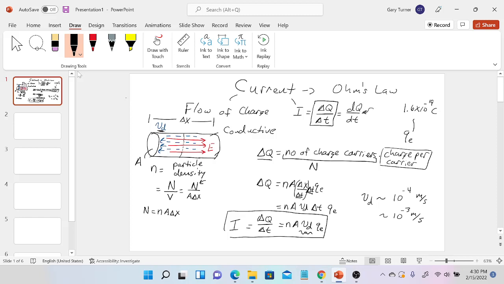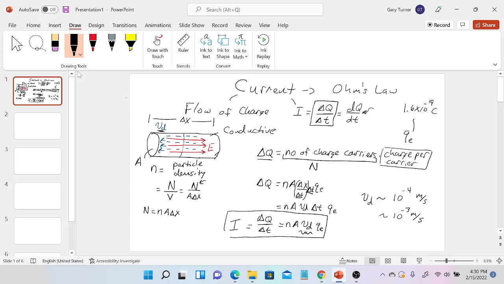Now, compare that with the speed of light. So the electric field, however you establish said electric field, in our cases most often with a battery, propagates through your material at the speed of light. But your electrons don't move that fast.